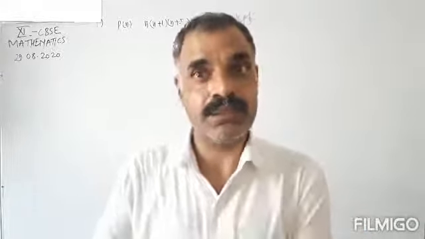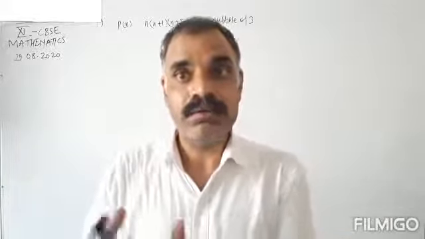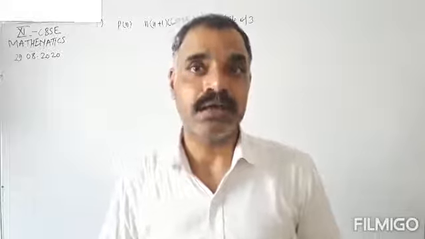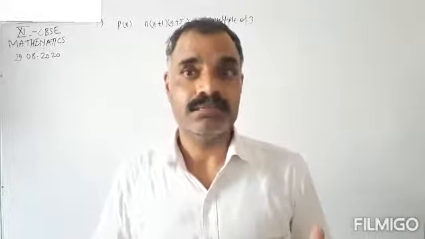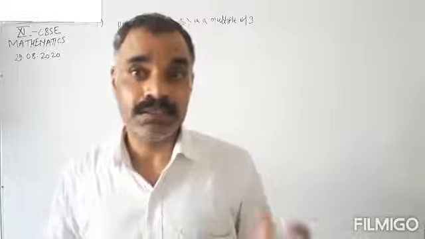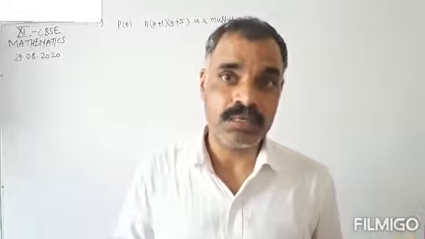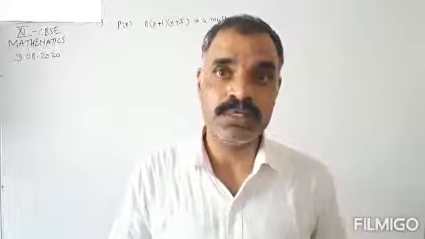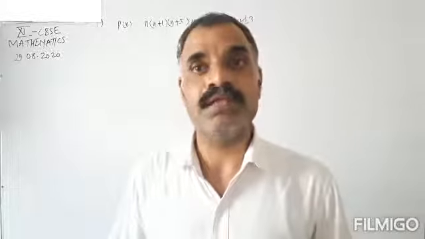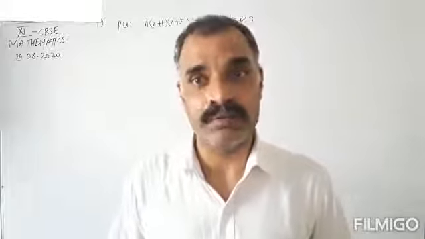Means one step extra than the assumption step. And lastly we say that the given statement is true for n equals to 1, n equals to 2, n equals to k and n equals to k plus 1. That is why the given statement is true for all natural numbers.